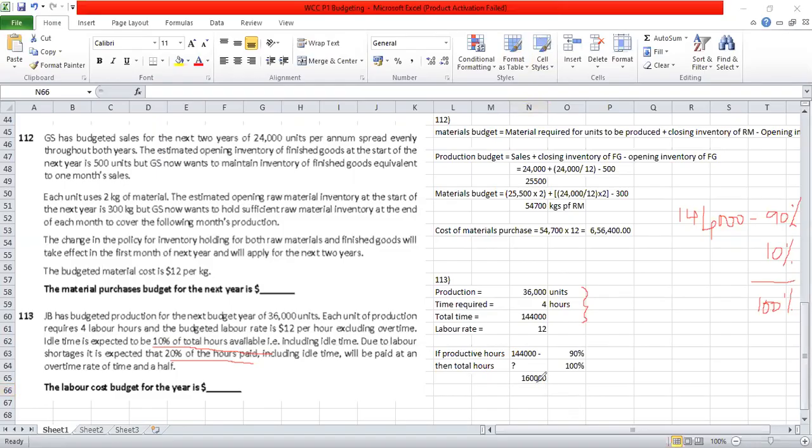This 160,000 hours, we should split into two parts: 20% of the total time is for overtime, OT, and then 80% of the time is at the regular pay.